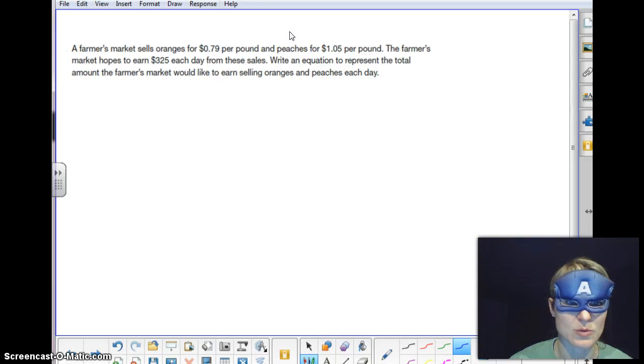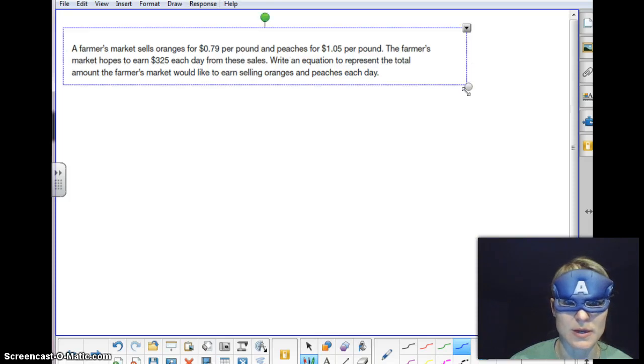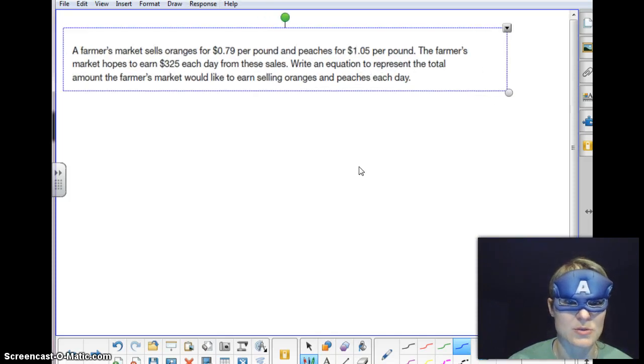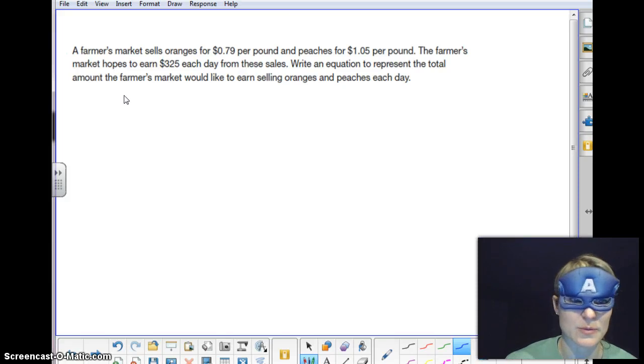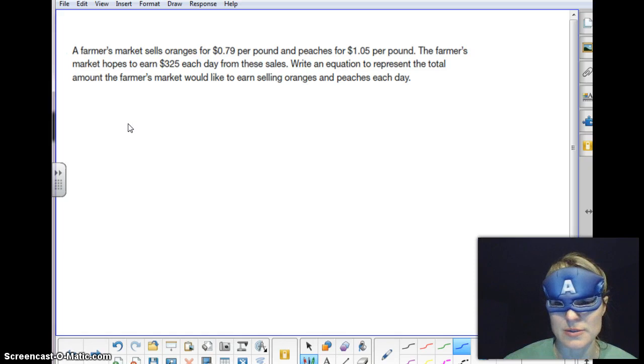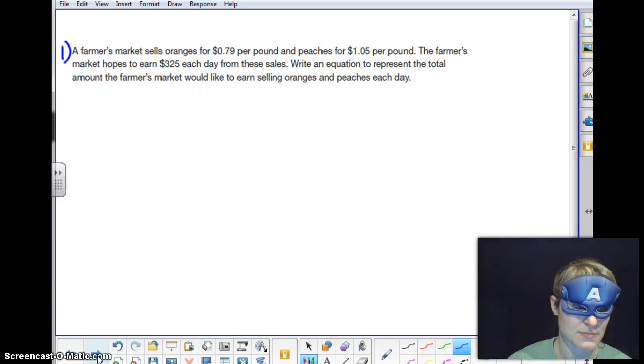Okay, this one I'm going to have you do on your own. Okay, so let's define the variables so they're all the same. So actually I'll just let you do it. All right, so we'll go over these in class tomorrow. So you're going to try this example here. So you're just going to write the expression, make sure you define your variables.